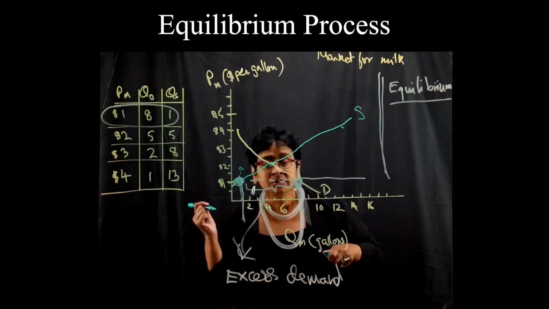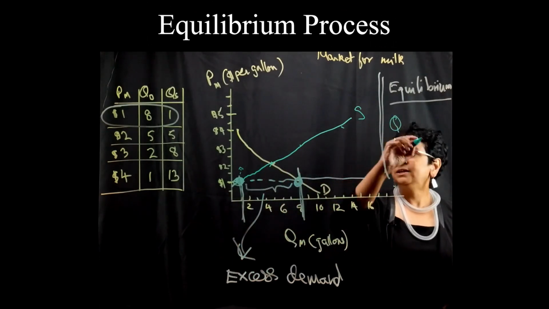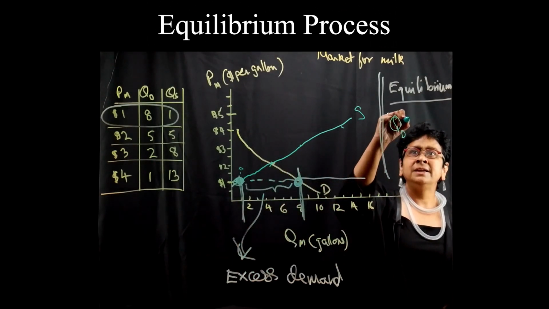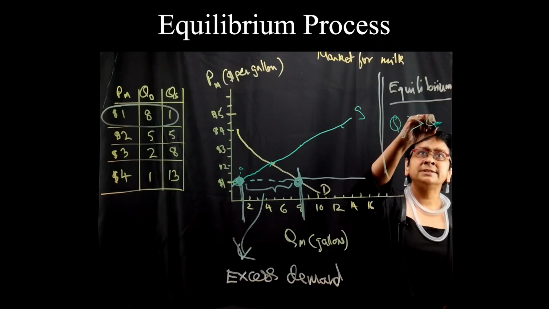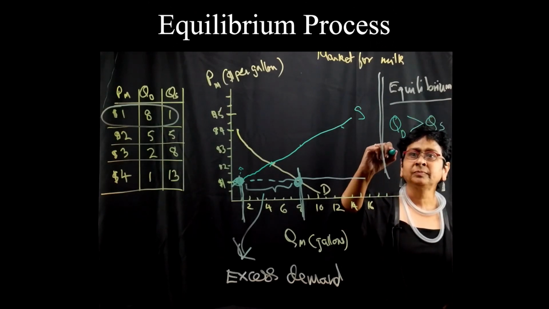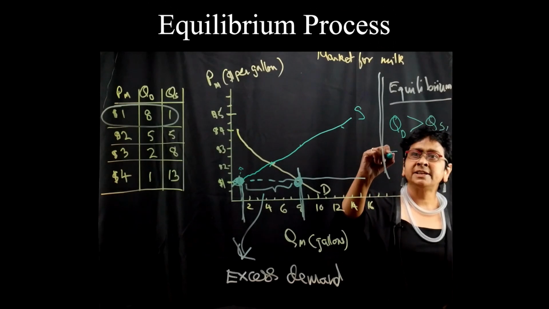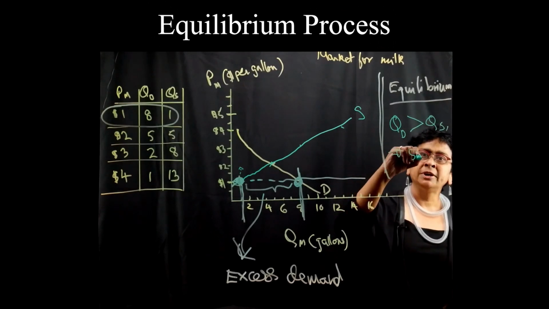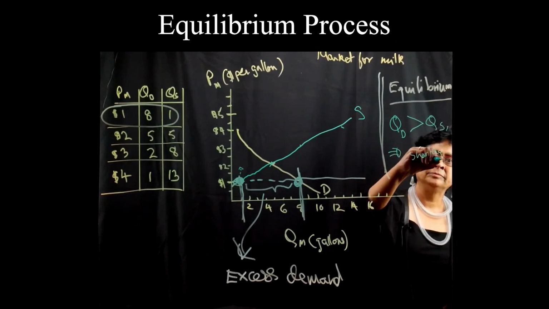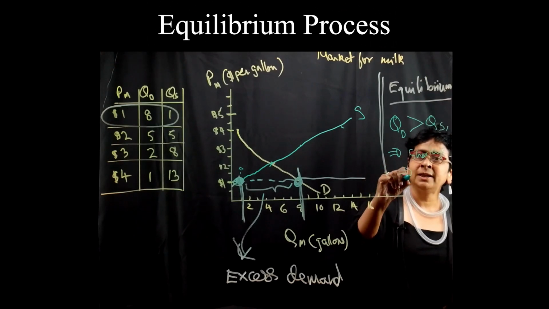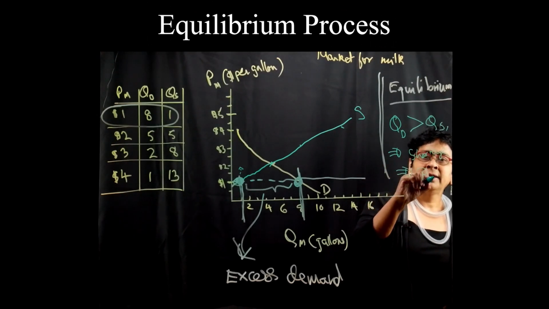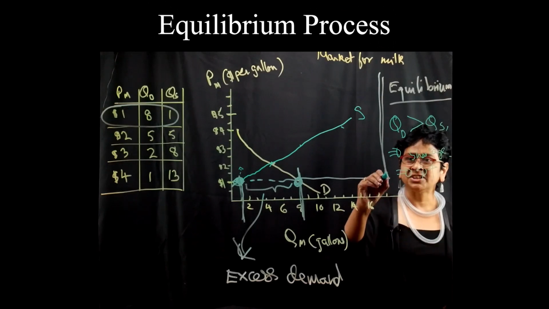All right? So when the quantity demanded is greater than the quantity supplied, step 2, I have a shortage or excess demand. Step 3, the price starts to go up.